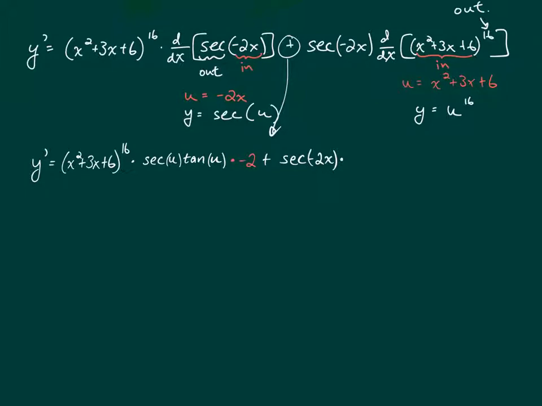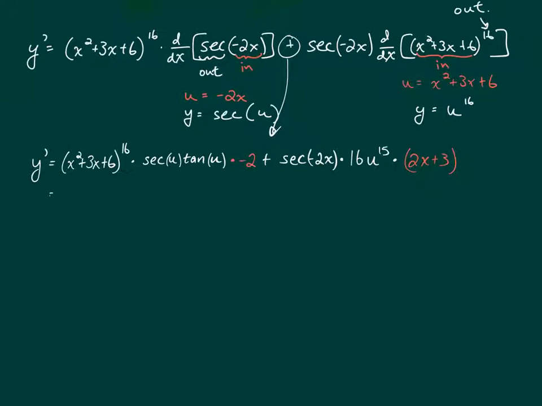So it is 16u to the 15th power times the derivative of u with respect to x, which will be 2x plus 3. That's not so bad, but we have to go back and substitute the correct u's where they're supposed to go in the respective chain rule derivatives.